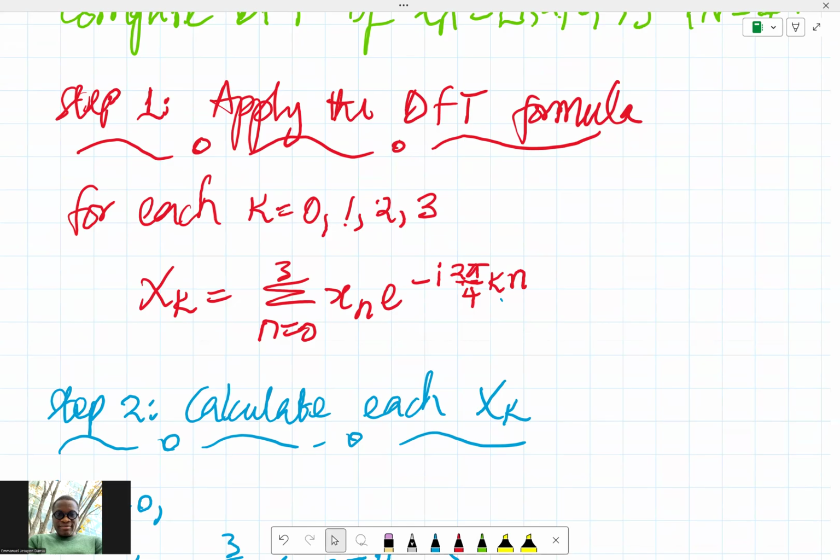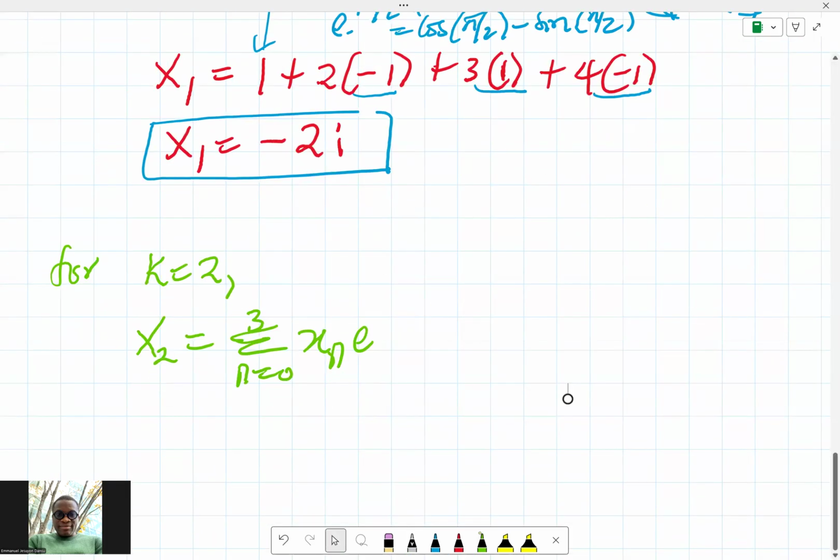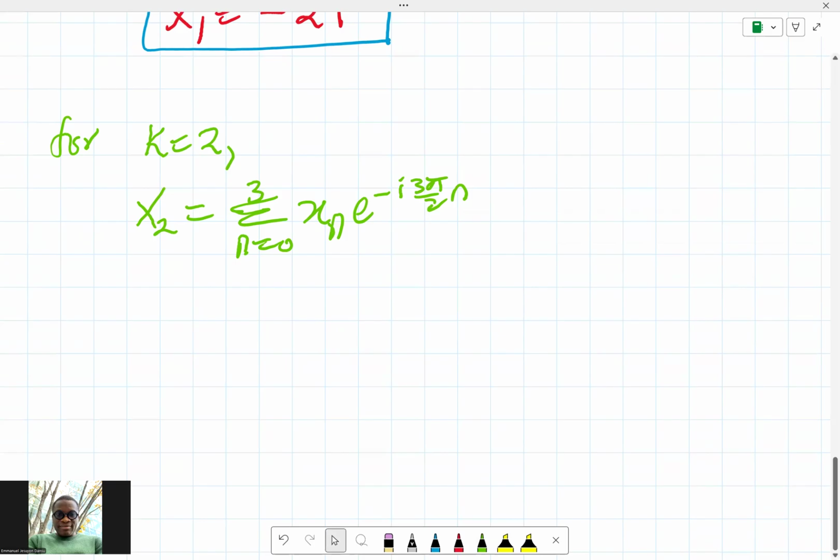That's 3 pi over 2n. That's minus i 3 pi over 2n. Something like this. So we can now start the expansion.